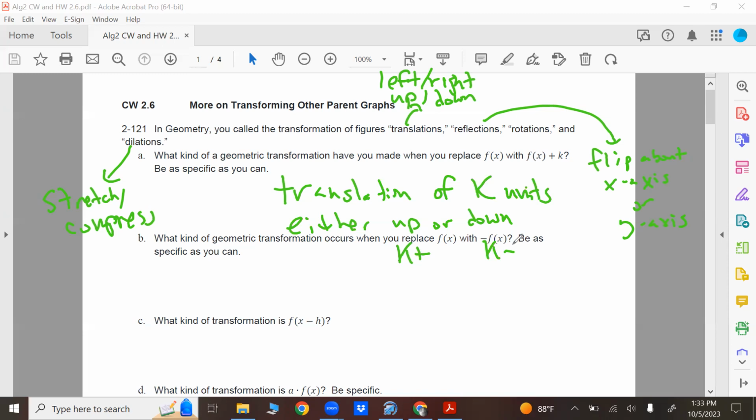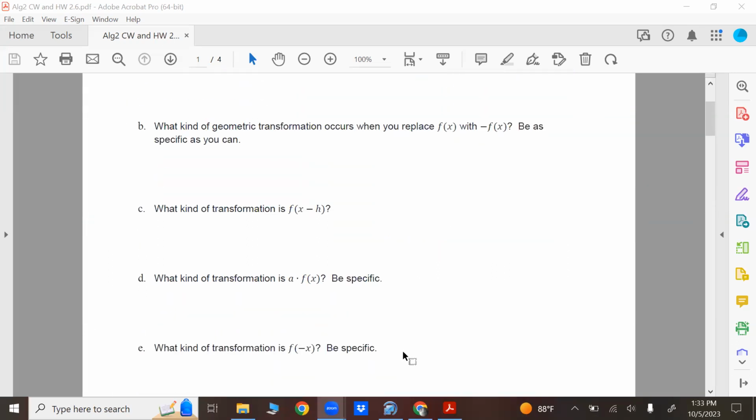What would you call that when you have a negative on the outside? Of those terms and quotations up above, when you have a negative on the outside, is that a translation? Is that a reflection? Is that a rotation? Or is that a dilation? So reflection, right. And let's switch colors for a bit of contrast. So for part B, that's going to be a reflection about the x-axis.